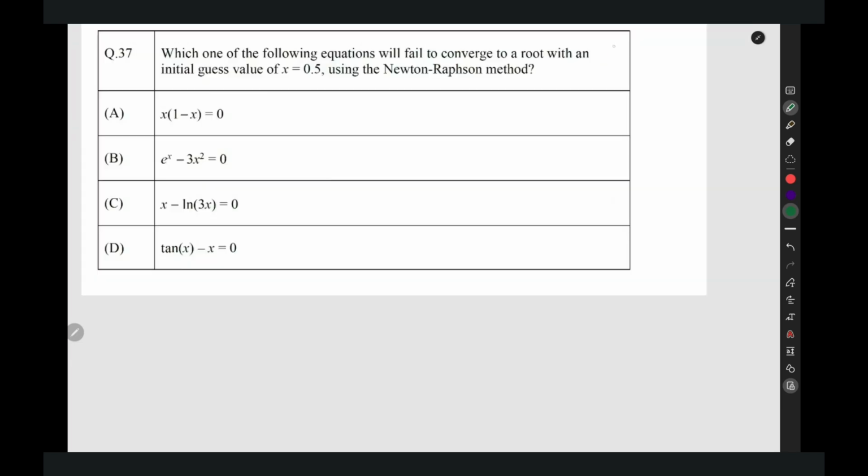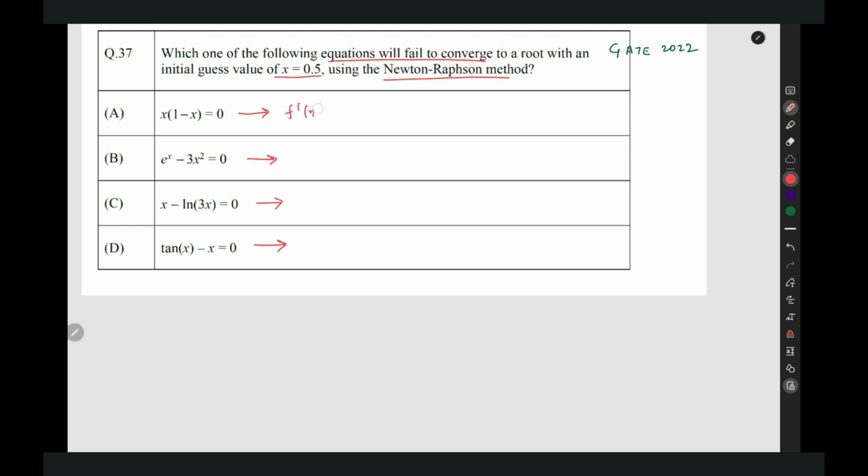This question is from GATE 2022. Which one of the following equations will fail to converge to a root with an initial guess x equal to 0.5 using the Newton-Raphson method? So it is asking which of the equations will fail to converge. So we will check the first condition, differentiating each of the functions, and see if any of the functions has a denominator coming to be 0.